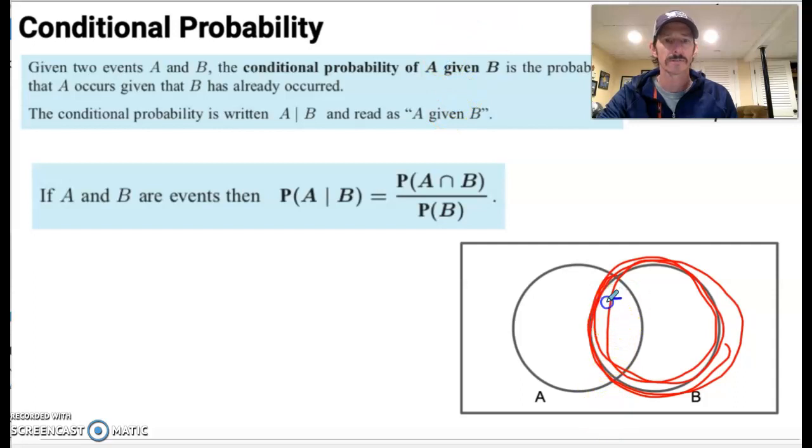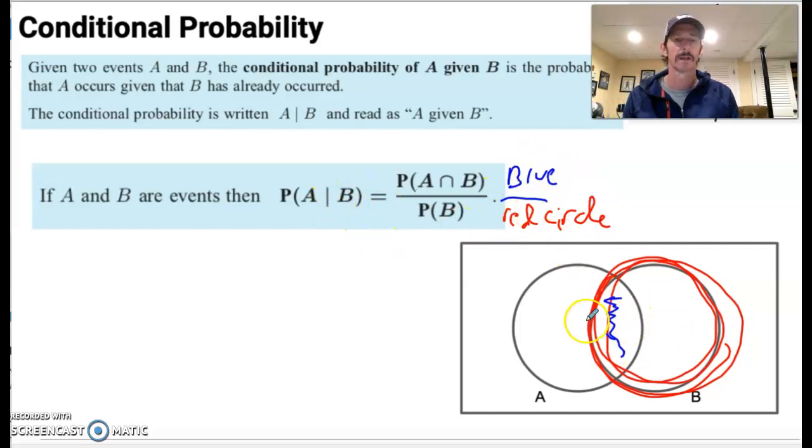So that's just this part right here. So the numerator would be the blue part, whatever is in here, and the denominator would be everything that's red, the whole red circle. So a good way to think about conditional probability in a Venn diagram sense is you're going to take the intersection and put it over top of one of the circles.